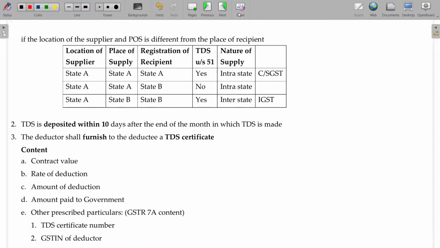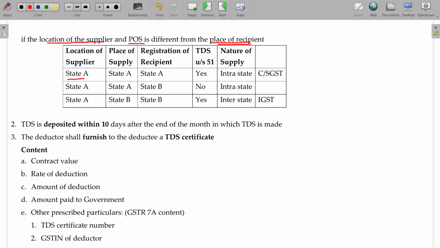Now, the location of the supplier and place of supply is different from the place of recipient. What happens here?